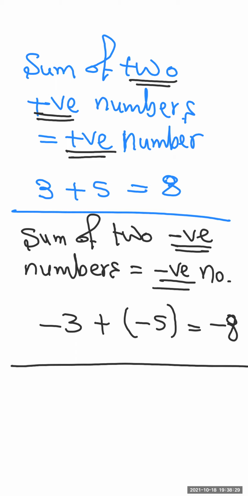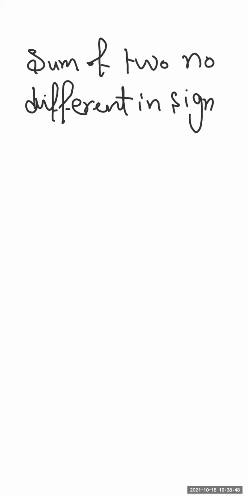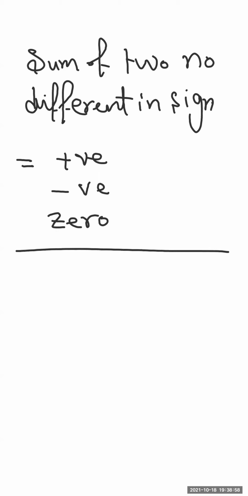Sum of two numbers different in sign may be positive or negative or 0. Like what?